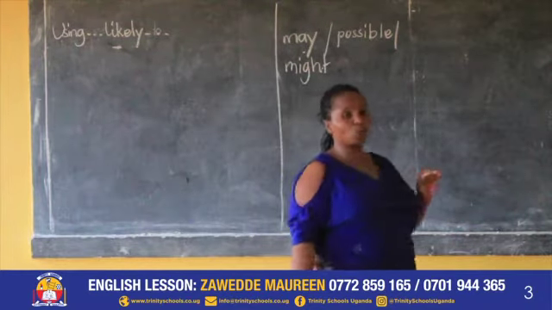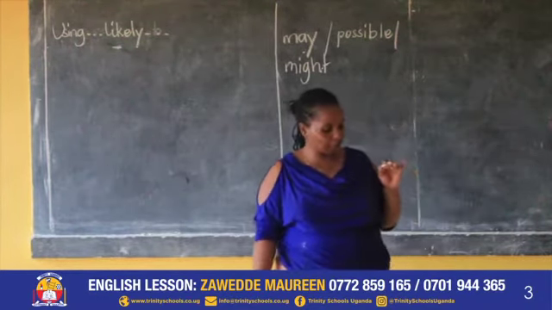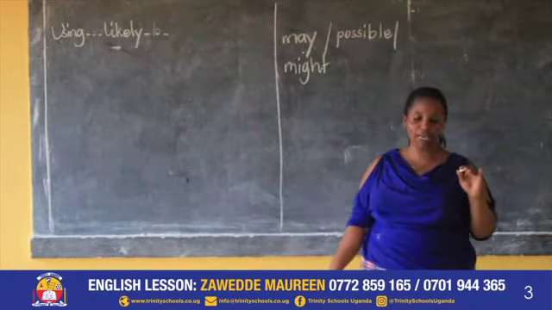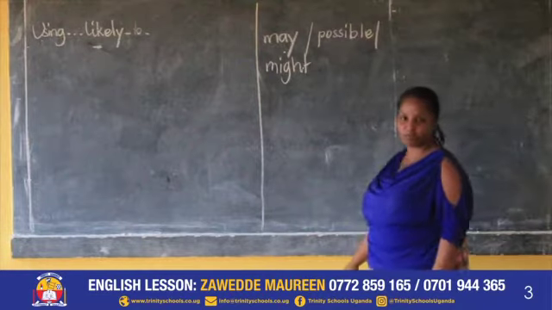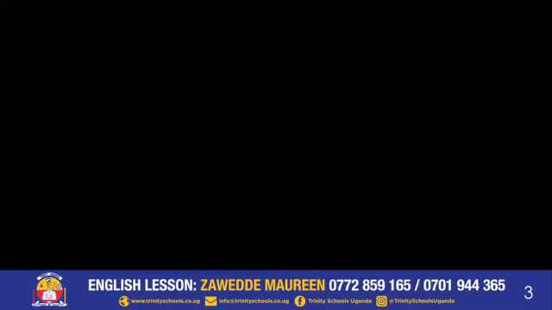So when I go back to question one, Joshua may forget to sign his letter. Joshua is our subject. Joshua may. So the word may in our question is going to be replaced by the word likely. And take note that likely goes with to.